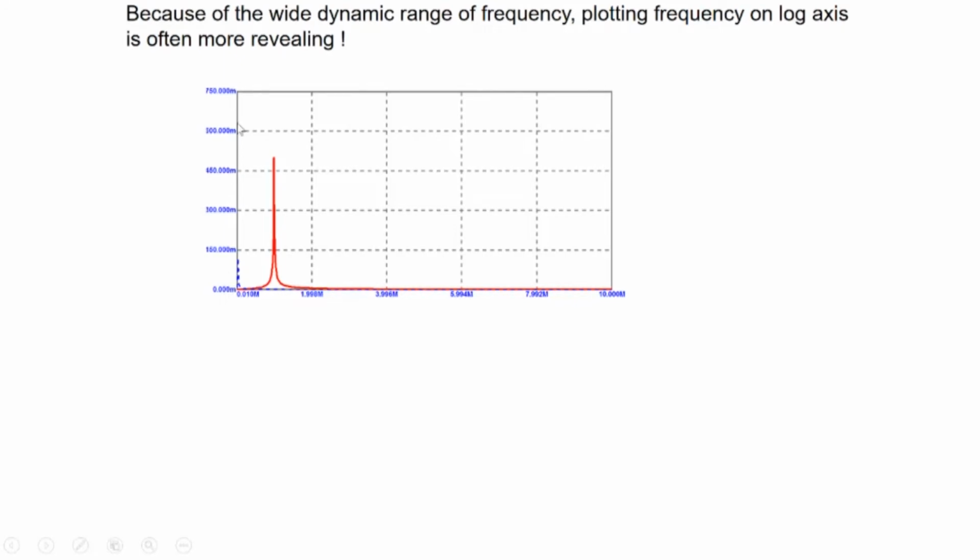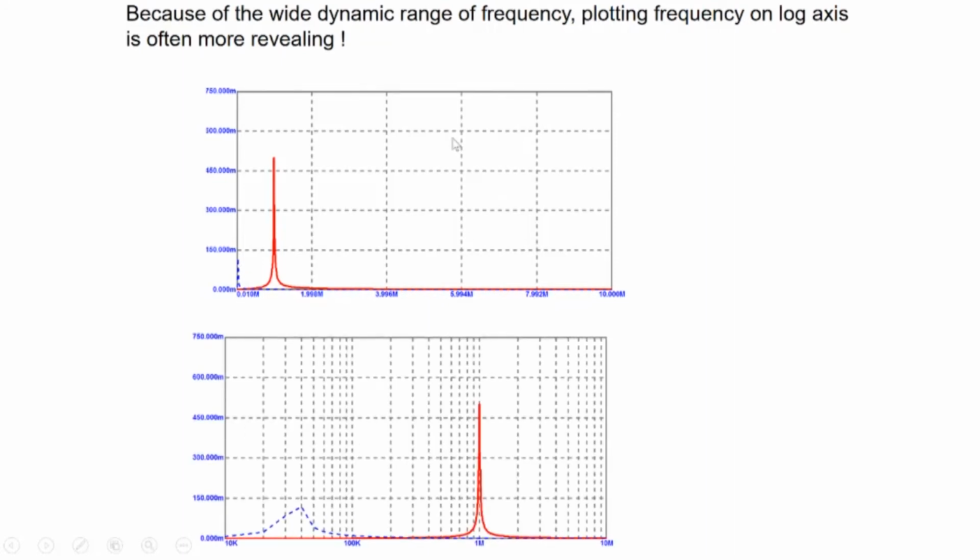It's a linear axis, and this is also a linear axis, and we can see the signal here, and we can also see there's perhaps something here. And if it were at an even lower frequency, maybe the small blue thing that you see here, you could have missed it altogether.